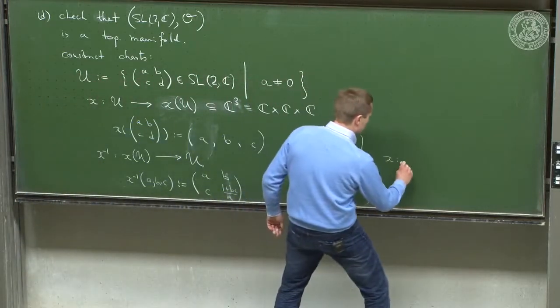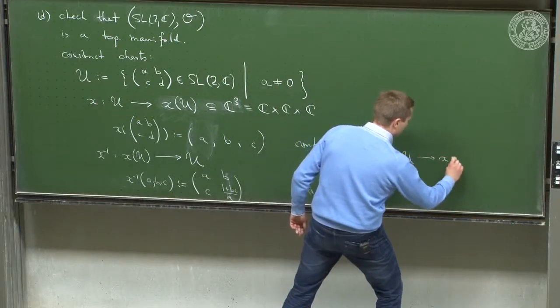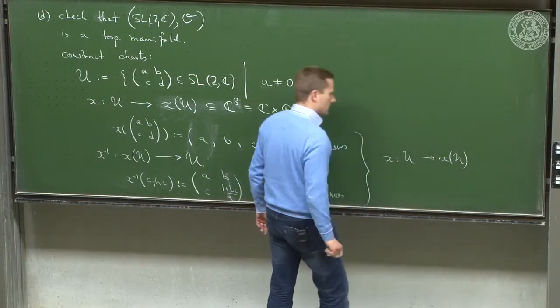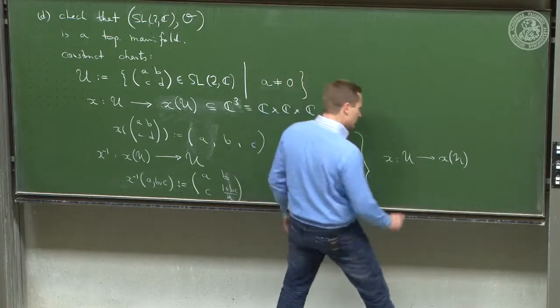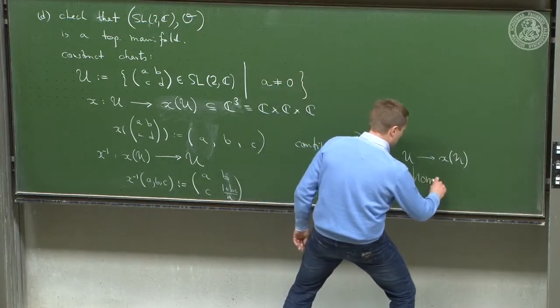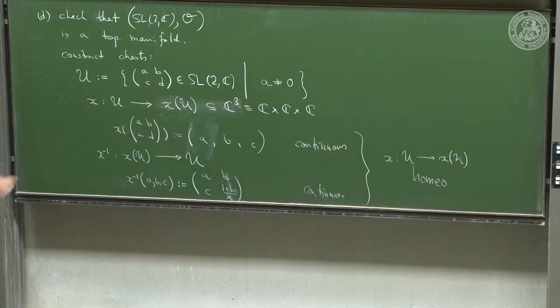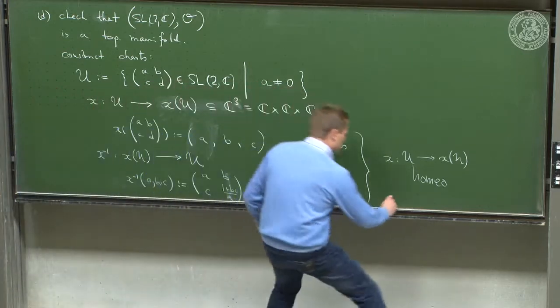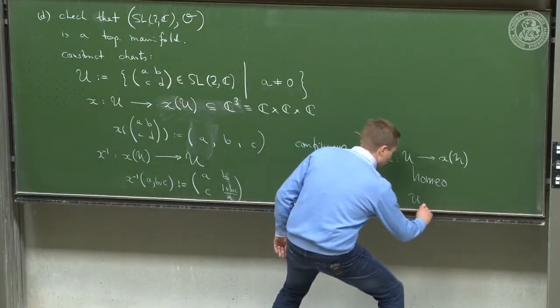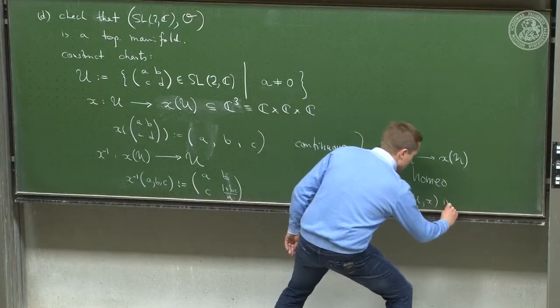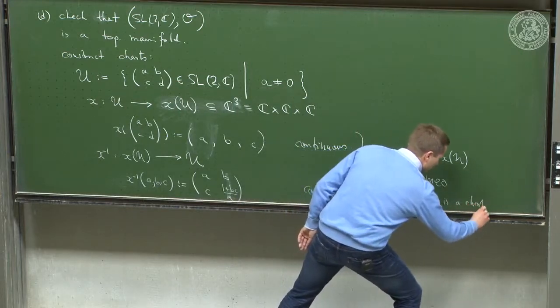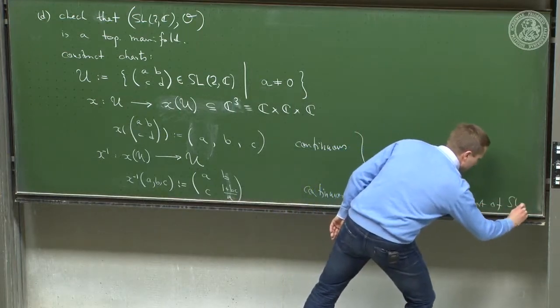That means X from the chart domain U into the image in the chart is a homeo. So local homeomorphism of the SL2 C is a homeo. In fact, it is a chart. That is, U with X is a chart of SL2 C.